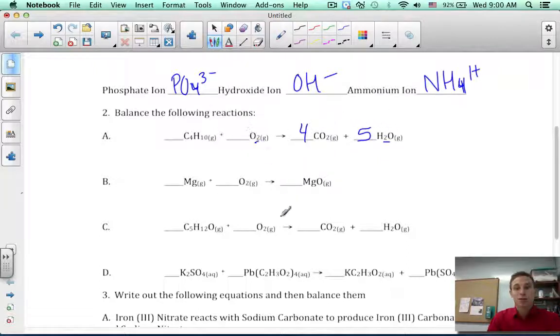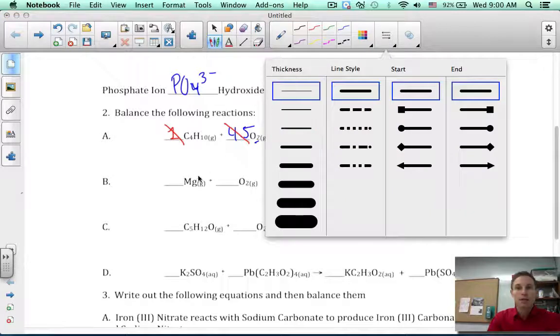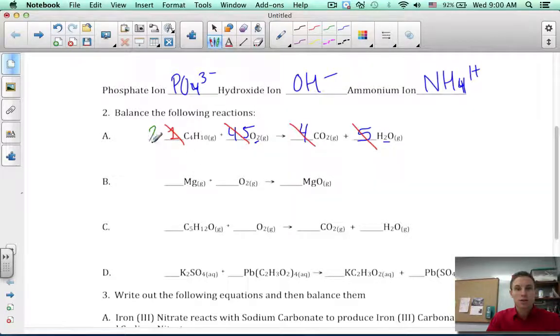9 divided by 2 is 4.5, so I put 4.5 here, but you cannot leave a decimal in your coefficient. So we multiply everything times 2. There's an understood 1 here. That gets canceled out as well. And what happens is we get these new coefficients, 2, 9, 8, and 10.